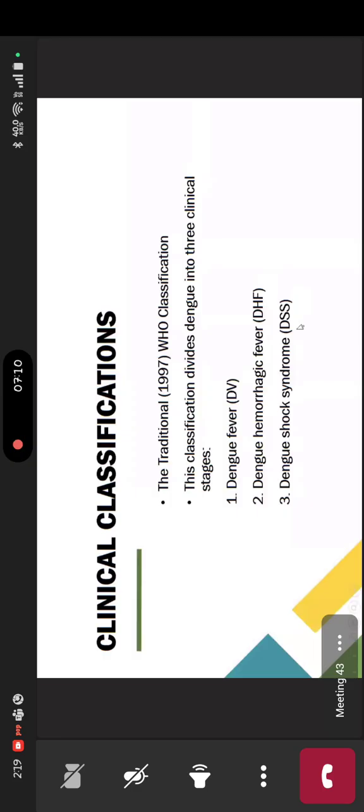If dengue is not treated on time, the patient will also suffer from shock syndrome. So we have 3 clinical classifications: first dengue fever, then dengue hemorrhagic fever, and then dengue shock syndrome, right, students? So this is about the clinical classifications.